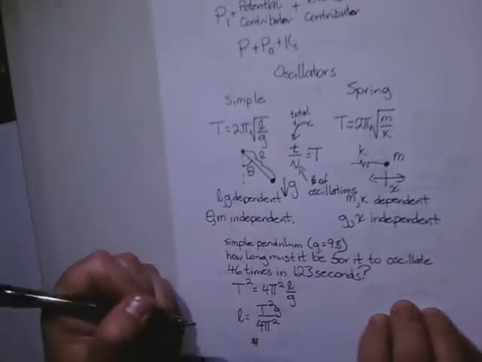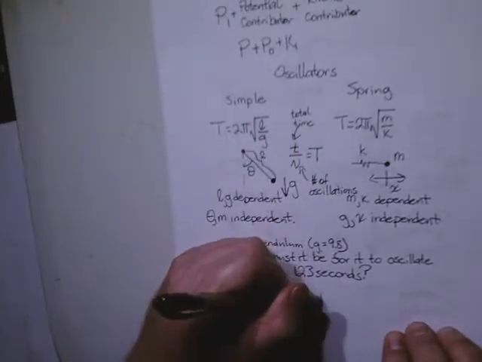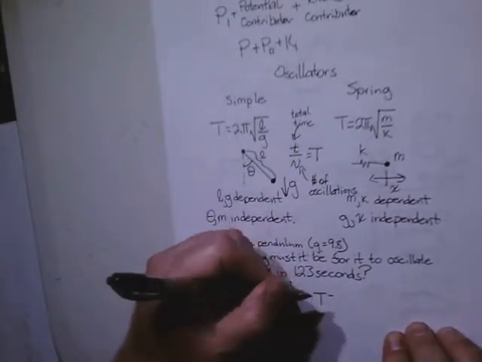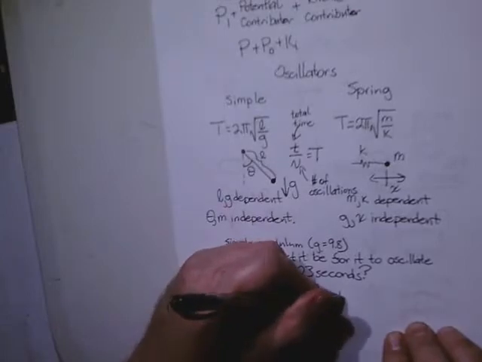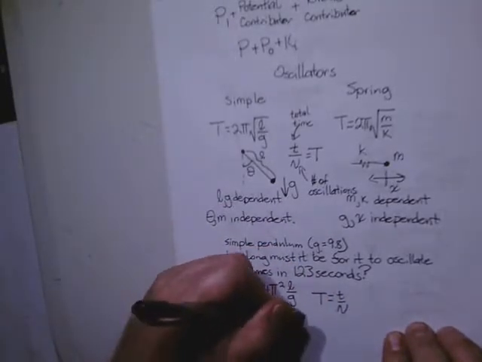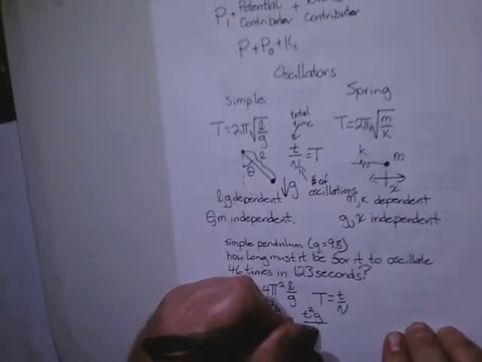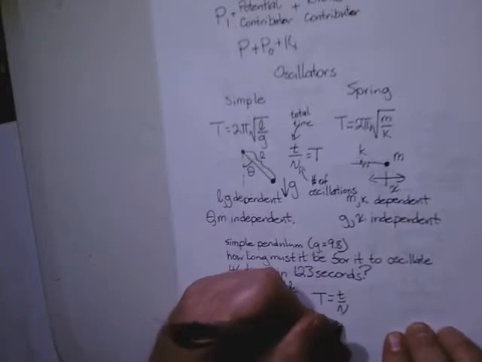Now the thing that I don't have is the period, but I do know that the period is t divided by n, so this becomes little t squared g over 4 pi squared n.